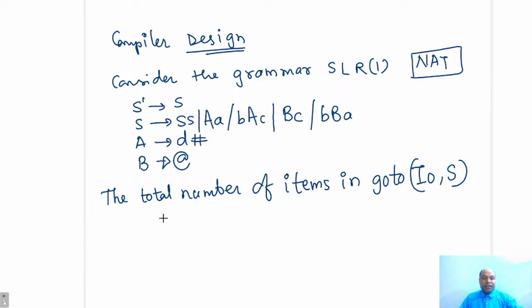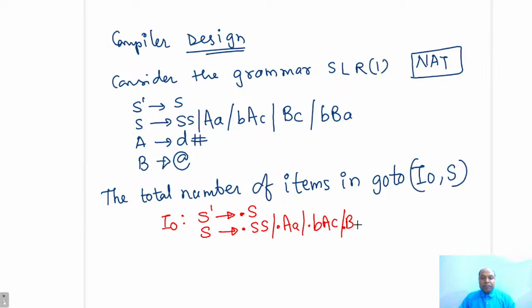First of all, we will create I0. In I0 we get S' production dot S. Now as the dot is coming before a non-terminal, all the productions related to this non-terminal will be incorporated: dot SS, dot AA, dot BAC, dot BC and dot BBA.